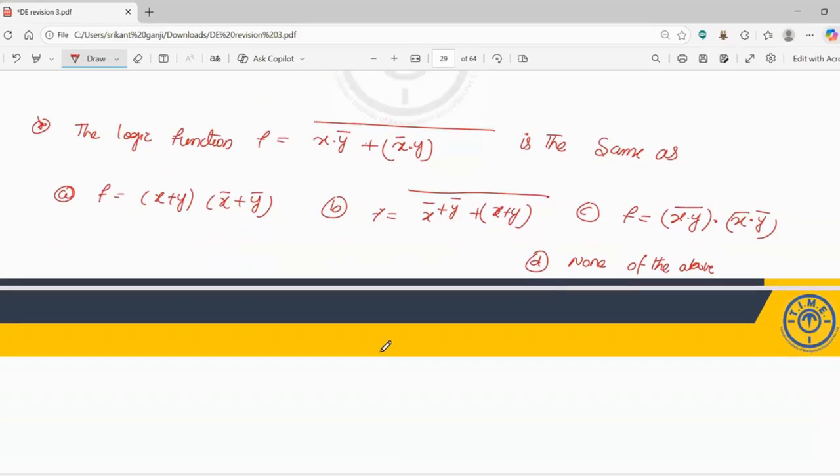Okay, what is the answer for this one? Option D. Yes, option D. Okay.